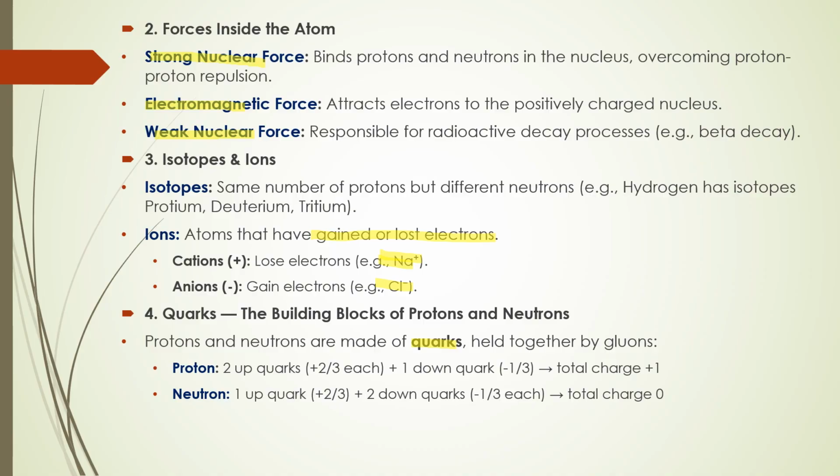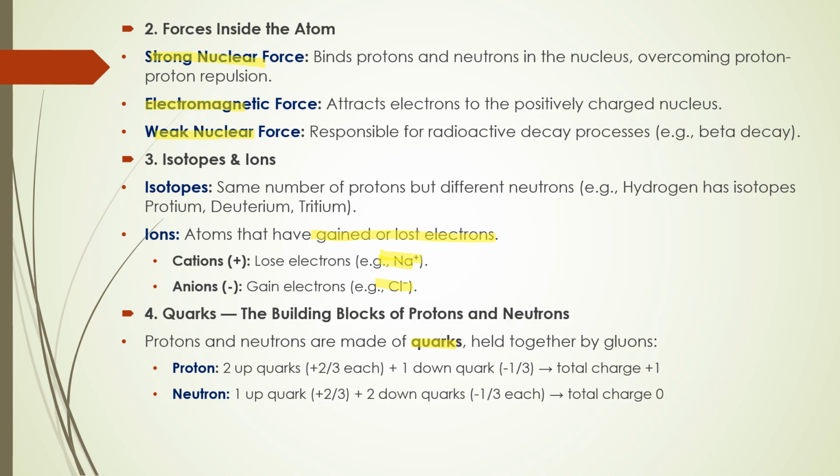Isotopes are atoms of the same chemical element. They have an identical number of protons but a different number of neutrons within the nuclei.